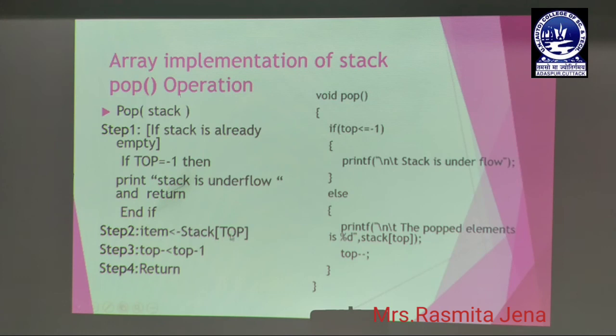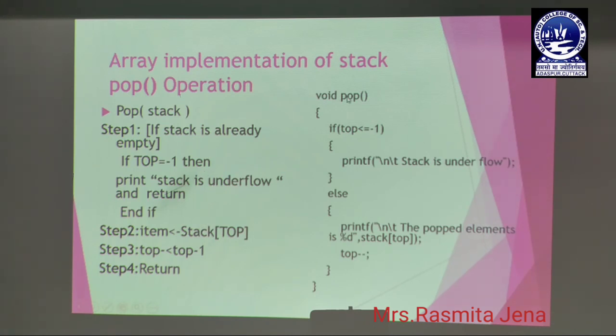That is, stack of the top element will be removed and stored in the variable item. And in step 3, we will decrement the top variable because we are performing the pop operation. That is, top equals top -1. And lastly in step 4 we will return from the function. Okay. This is the algorithm to implement the pop operation in stack.